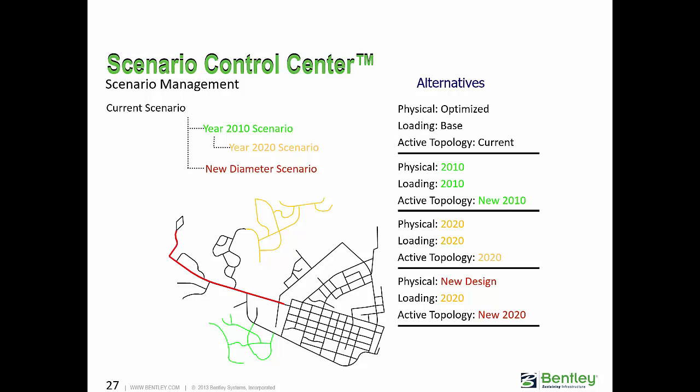So you can model unlimited scenarios, and this helps the modeler to understand the network over various scenarios, and take fine decisions depending on the hydraulic proof that we get using these scenarios.